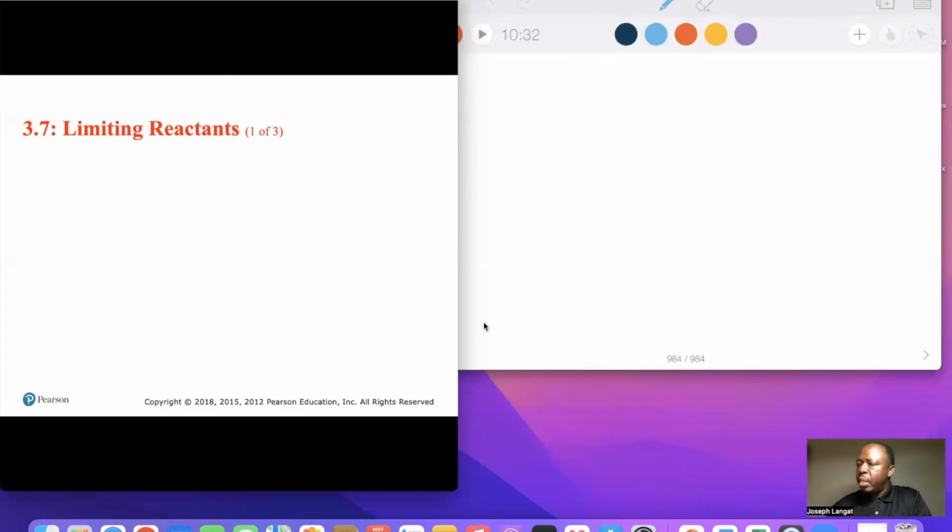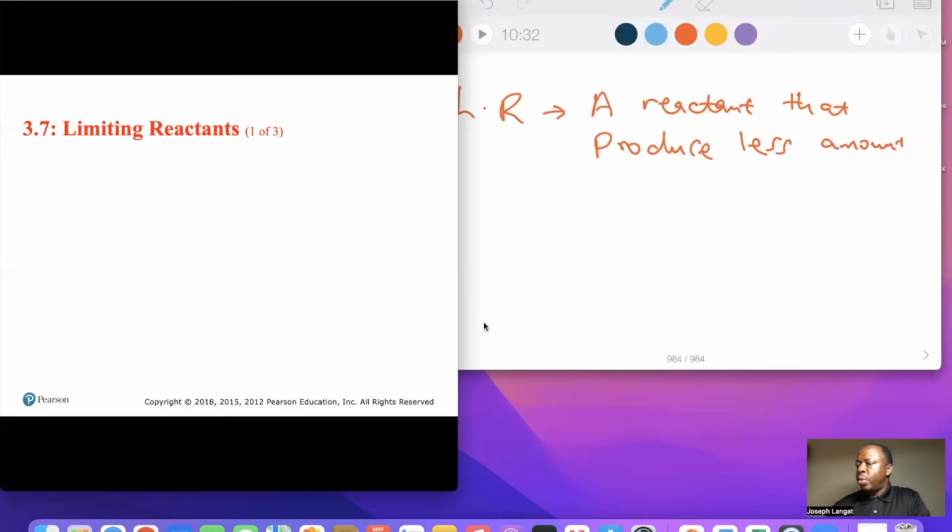I'll say this as limiting reactant, that produces less amount of the desired product. So you have to do the calculation and see which one gives you less amount of the desired product. Maybe when we get to an example, you will see how this is determined.